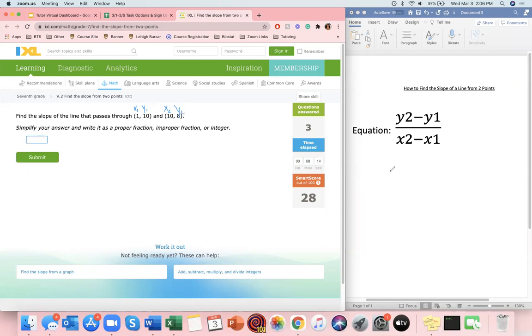Using this equation, y2 we said was 8 minus y1, which is 10, over x2, which we said was 10, minus x1, which we said was 1. So 8 minus 10 is negative 2, over 10 minus 1, which is 9. That is our final answer, negative 2 over 9.